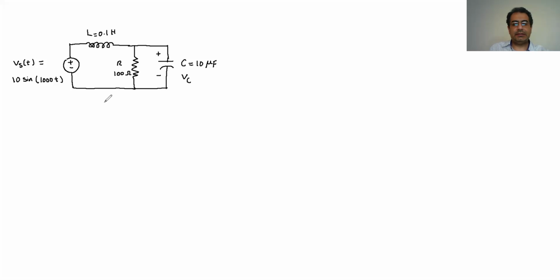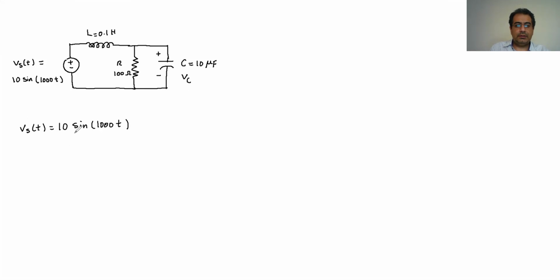The very first step is that we go ahead and convert all the sources to phasors. I have Vs equal to 10 sine 1000t, and you see it is in sine, so I have to convert it to cosine.